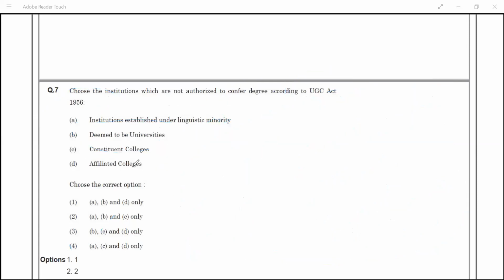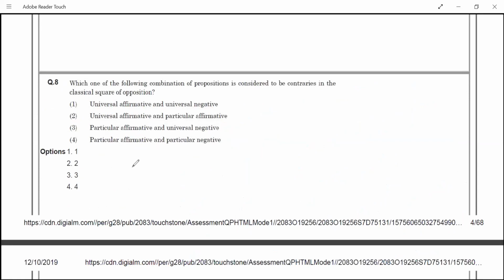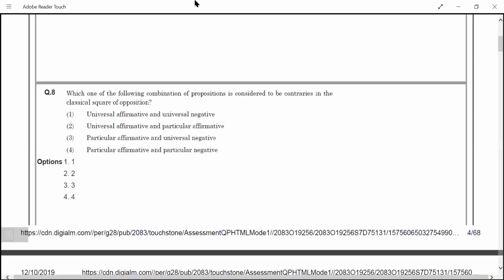Next question, moving towards the eighth question. Eighth question is, which of the following combinations of propositions is considered to be contrary to the classical square of opposition? The classical square of opposition rule states that basically there are a few rules for this.